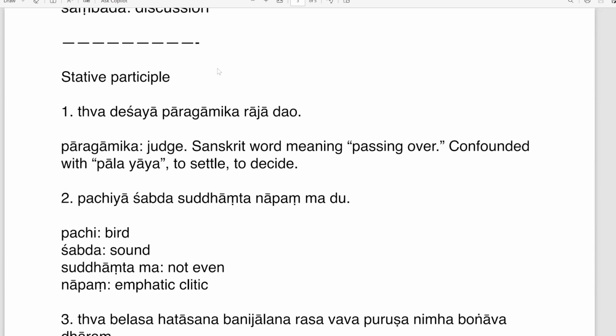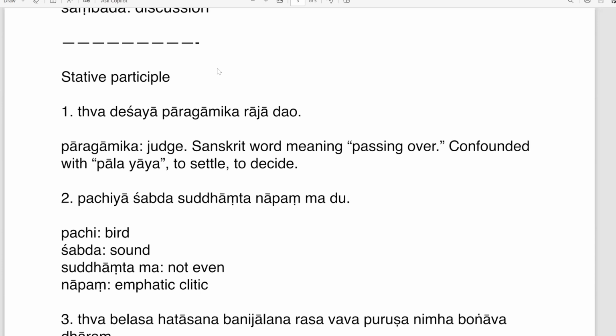Exactly. This word Badamiga is kind of interesting. In Sanskrit, Bada is the other shore, and Gamiga is to go, going across, passing over. So we don't know why the Sanskrit words like crossing over become judge in Newar, but Jungsen suggests that it's possible Badamiga becomes confounded with Baliaye in Newar.